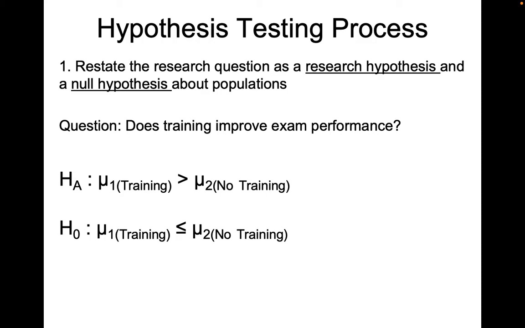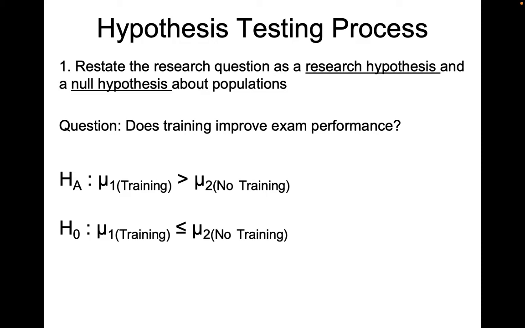All right, so just to lay it all out, the first step is that we're going to restate the research question as a research hypothesis and a null hypothesis. We turn our question, does training improve exam performance, into a statement. That statement will be expressed as symbols and using the inequalities that we've done here.